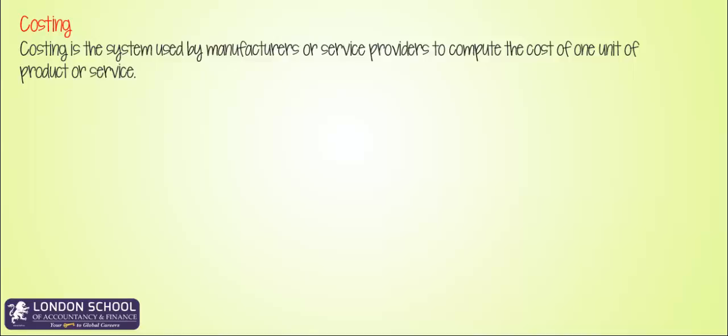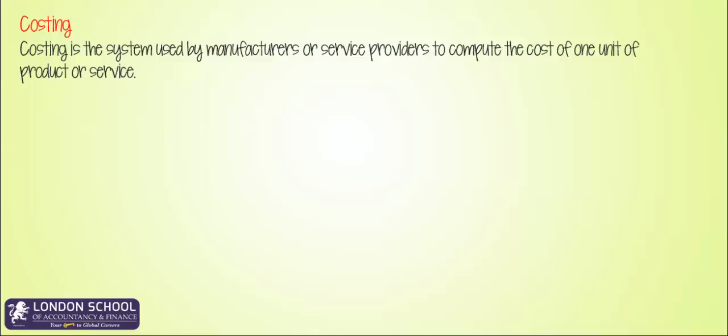It is a system by which manufacturers or service providers can compute the cost of one unit of product or service. Why do they have to calculate it? Because at the end of the day they have to sell it, so they want to know the selling price. Therefore they must know the cost, because they want to make a profit by adding a profit margin or markup to their cost of production.